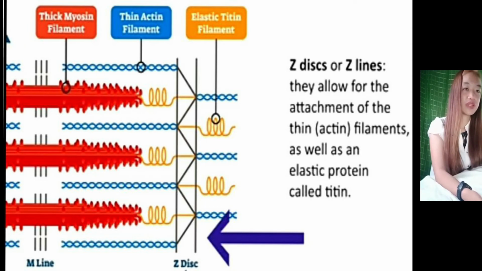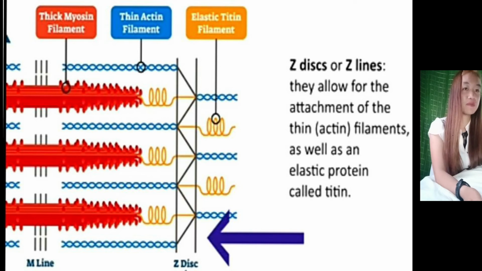Each sarcomere contains thin actin filaments and thick myosin filaments. So remember, a sarcomere contains thin actin filaments and thick myosin filaments. The thin actin filaments anchor to the Z disc. So the thin actin filaments are connected to the Z disc.